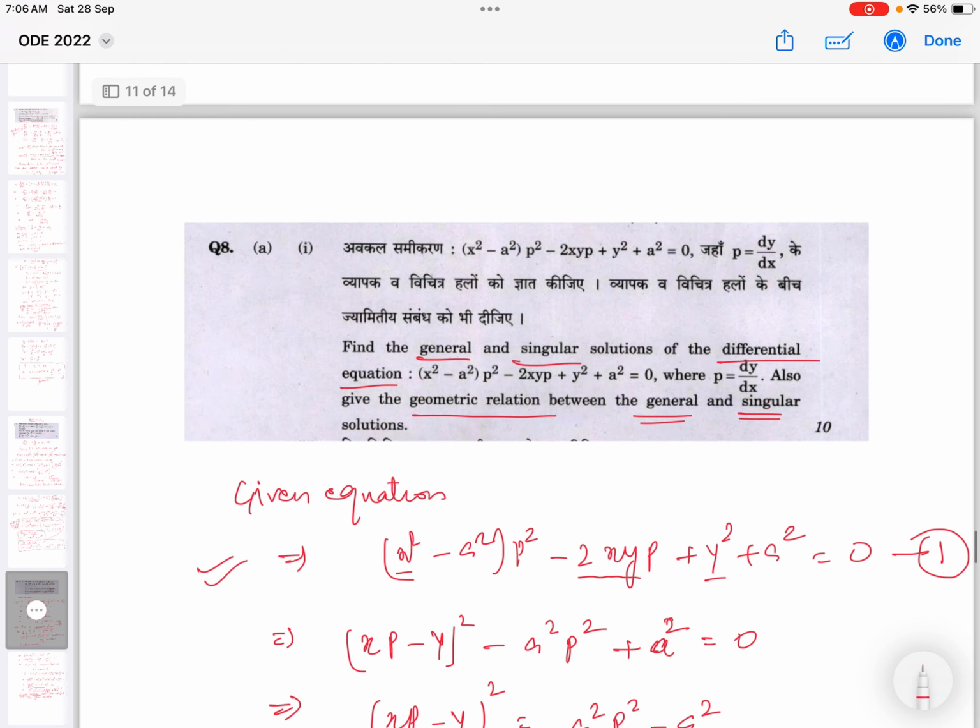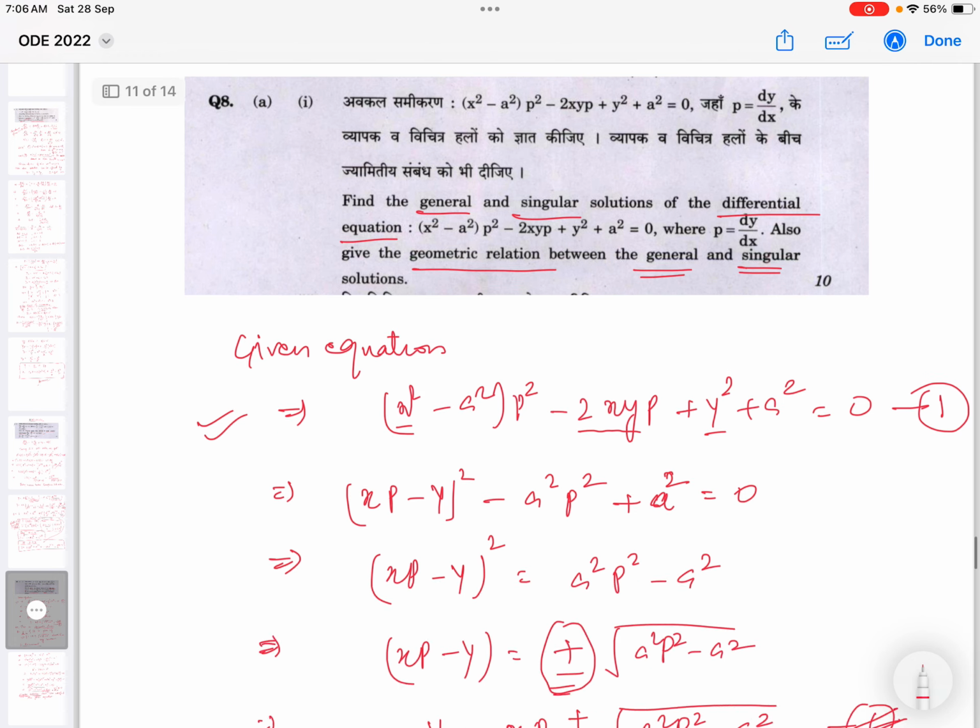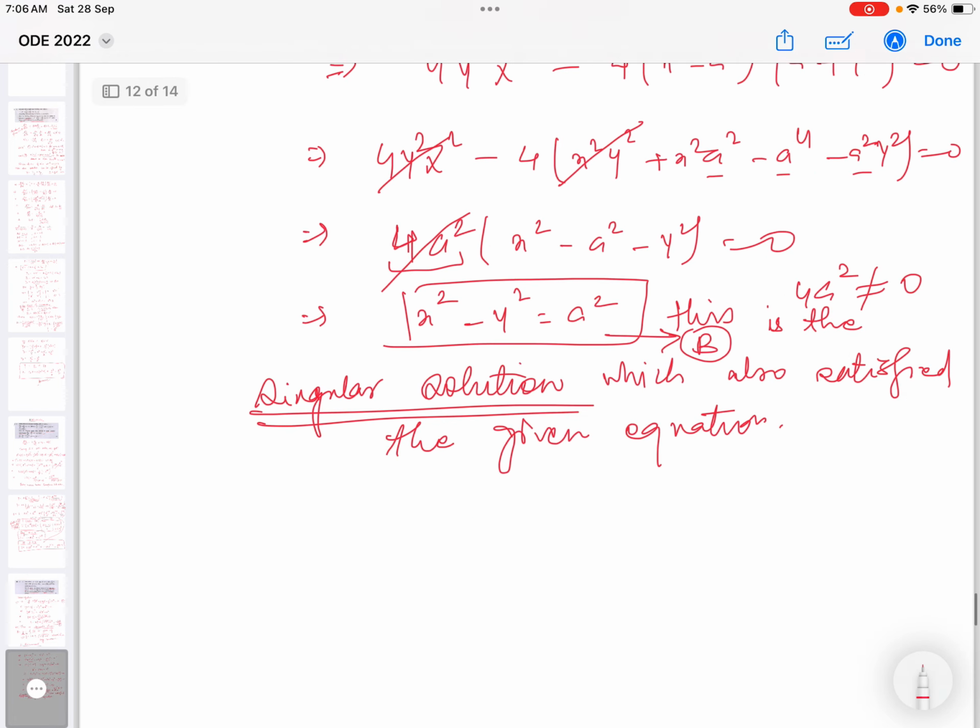Now what we need to do is also show the geometric relation between the general solution and the singular solution. By definition, the singular solution is nothing but the envelope of the general solution.